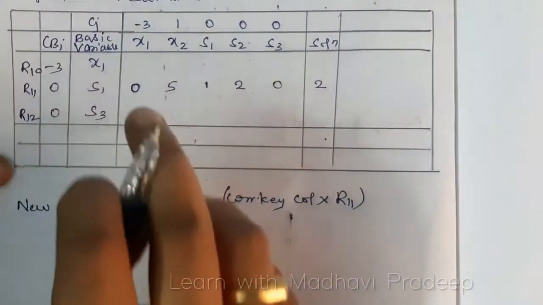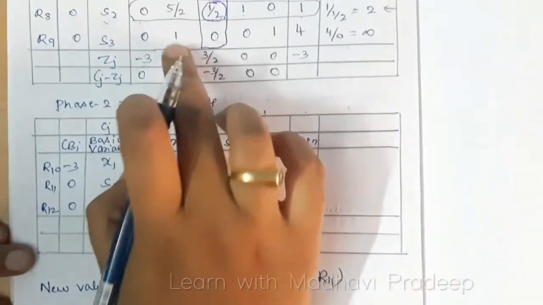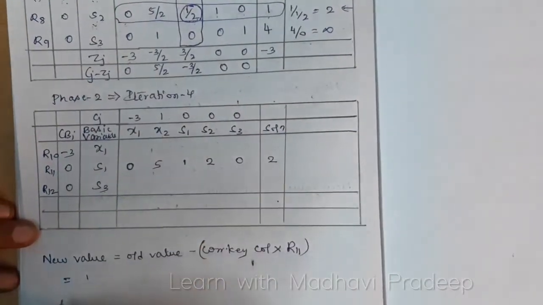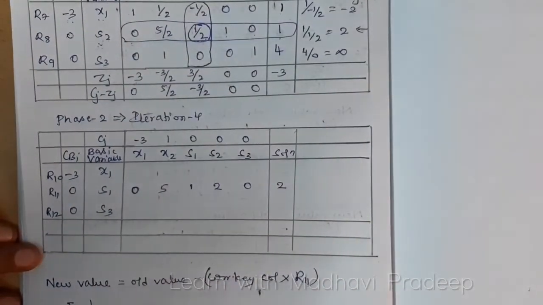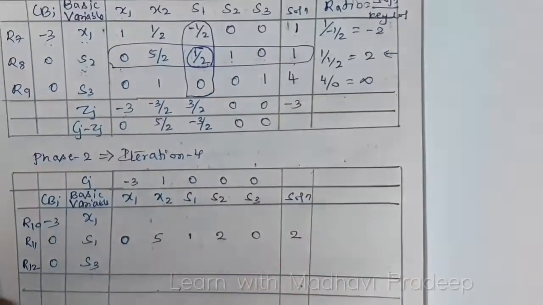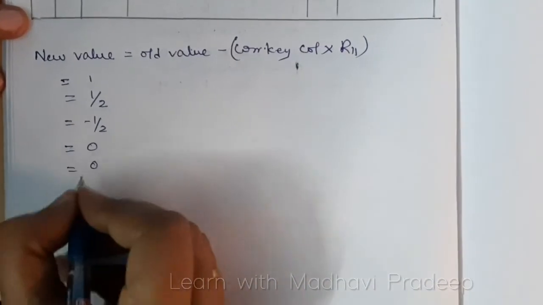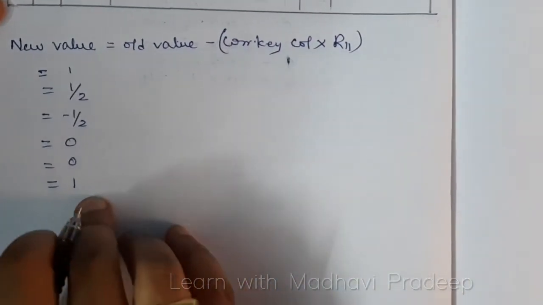Now let us take the old values for x1 first from the previous table. The old values are 1, next 1 by 2, next minus 1 by 2, next 0, next 0, and then 1. These are the old values of x1.